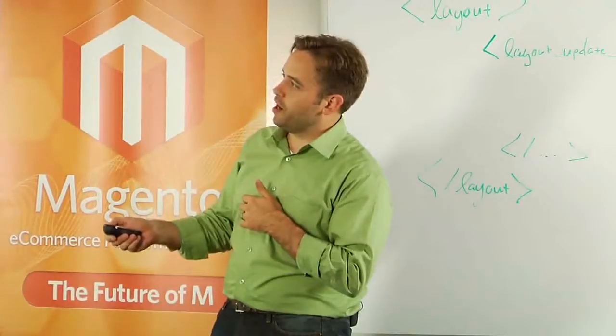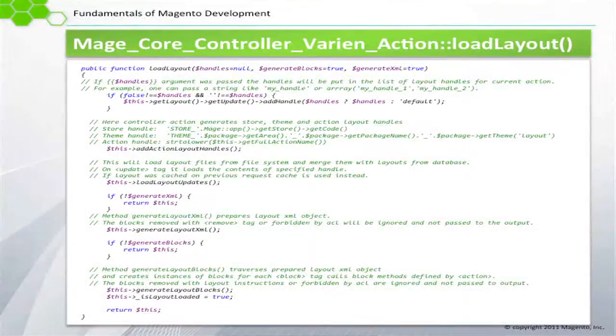Here you see Magento generates some automagical handles. So if you didn't already have enough flexibility, you see here: store underscore, Mage::app()->getStore()->getCode(); theme, package getArea, package name, package theme.